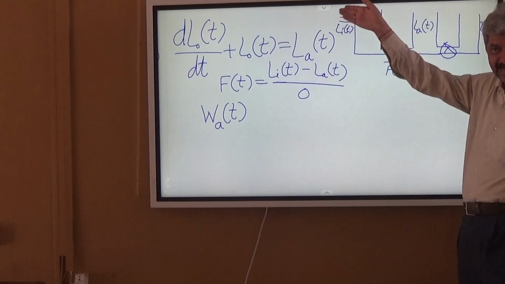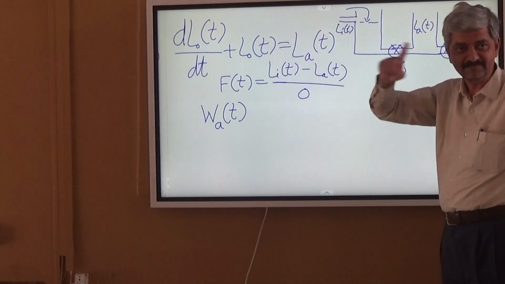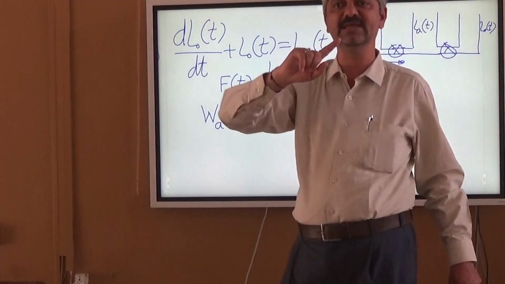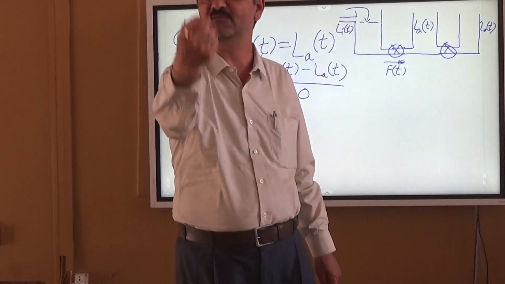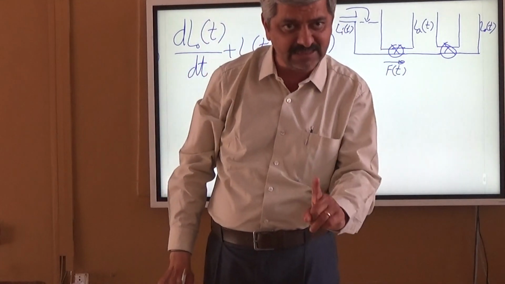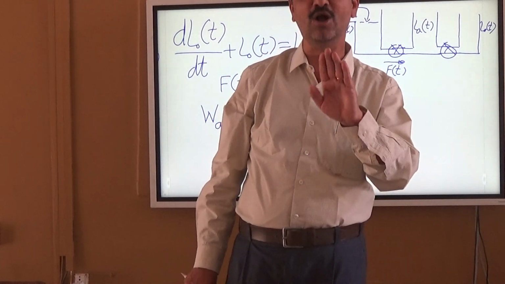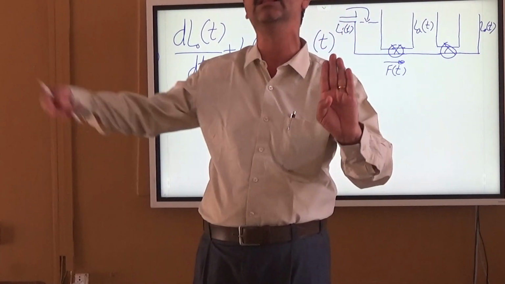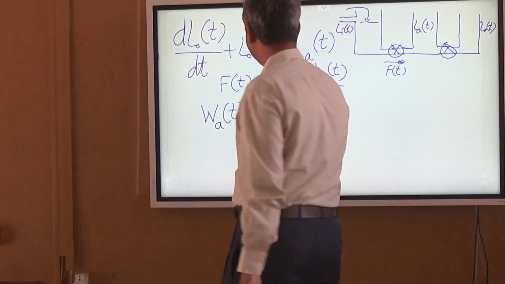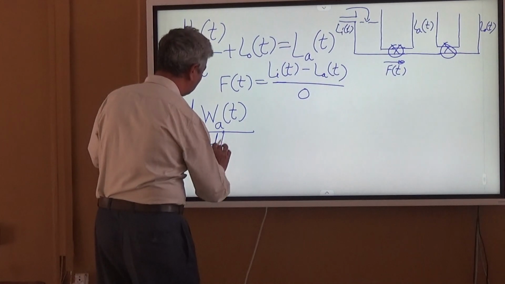So dWAT by dt is equal to FT, right? Is it clear? The relation between volume and flow is of differential nature. So dWAT by dt is the net flow. That time I have not used the word net flow because there was only one flow.